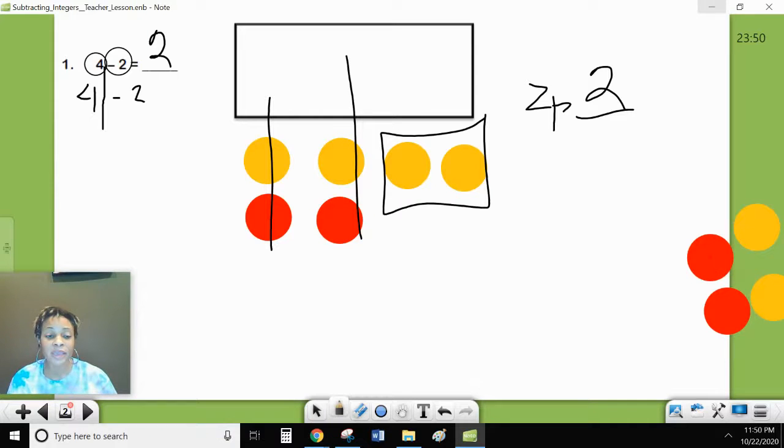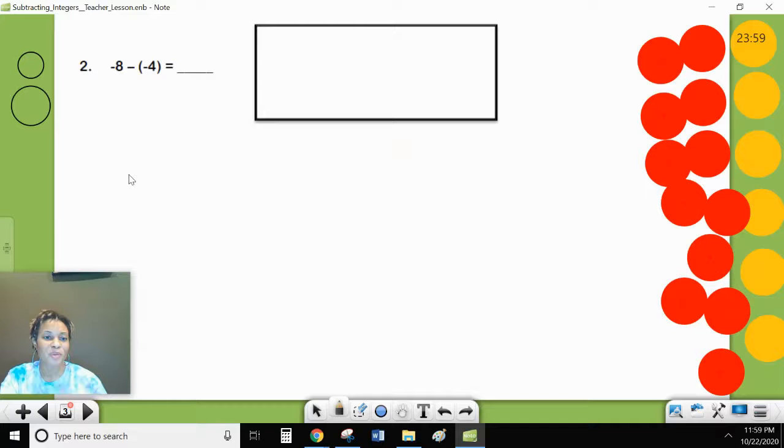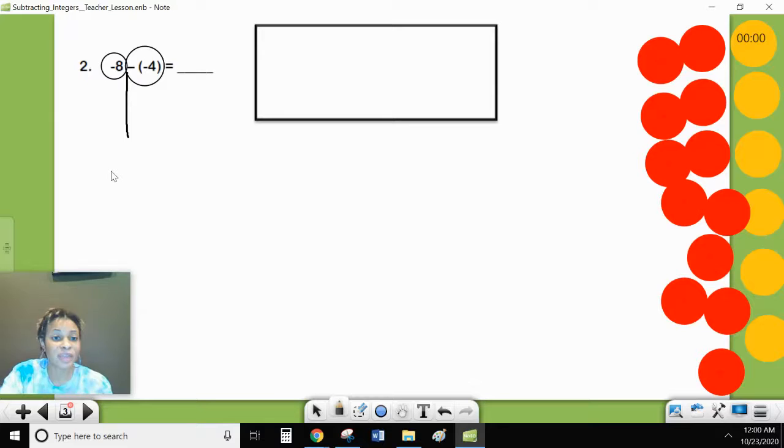Circle the number and any signs in front. So let's remember we're going to circle our number and the sign in front. Once we're done with that, we're going to simplify, verify, and clarify.